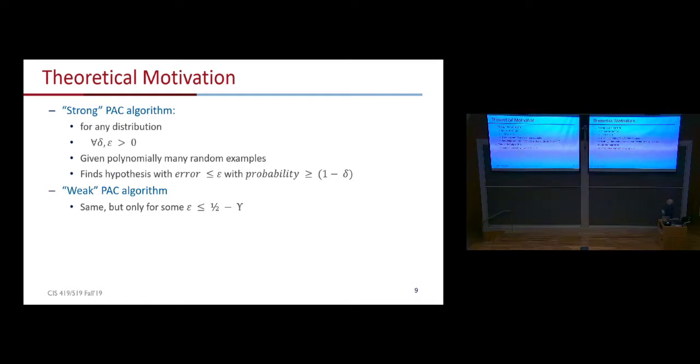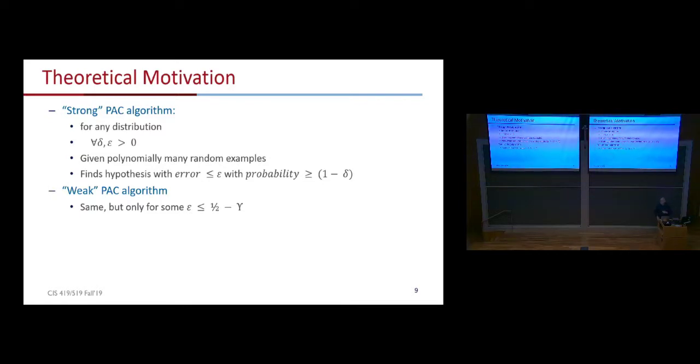Now notice that in the strong PAC algorithm, you choose your epsilon, and the algorithm should do it for every epsilon. Here, it's not the case. It should do it for some epsilon that is below a half. That's it. Okay, so that's the key difference. Now the question arises: let's assume I give you a box that has a weak PAC learning algorithm. It can always learn with error less than a quarter.